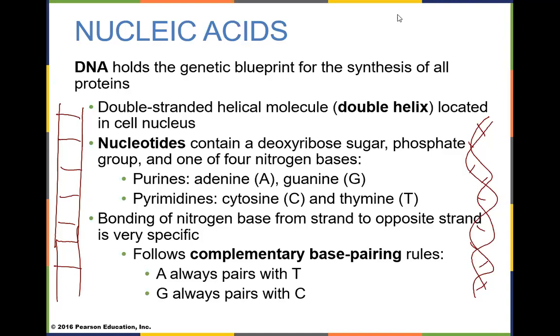The nitrogen bases are always in the middle of the ladder, so you would have adenine pairing up with thymine, guanine pairing up with cytosine. This is what we call complementary base pairing. Adenine always pairs with thymine. Guanine always pairs with cytosine.